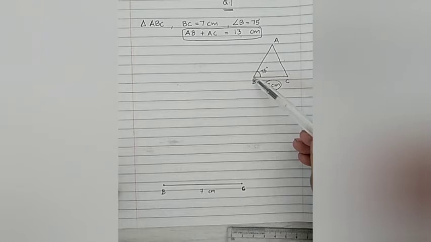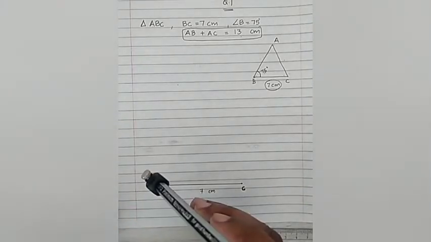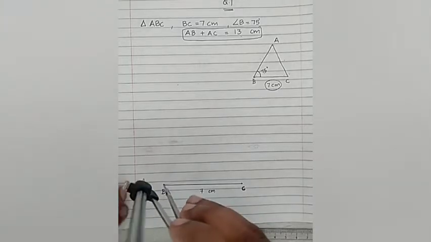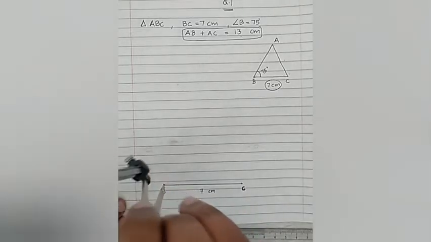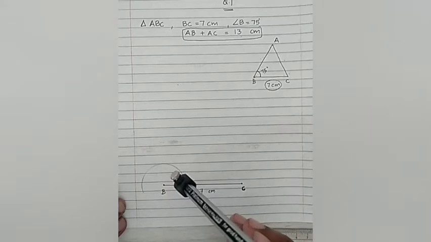From point B, I have to make an angle ABC, or angle B, which is equal to 75 degree. Now, I'll use the same procedure that we used to make an angle of 75 degree in the first exercise. I'll make an arc of my desired length to begin with. Without changing the measure, I'll make my 60 degree.